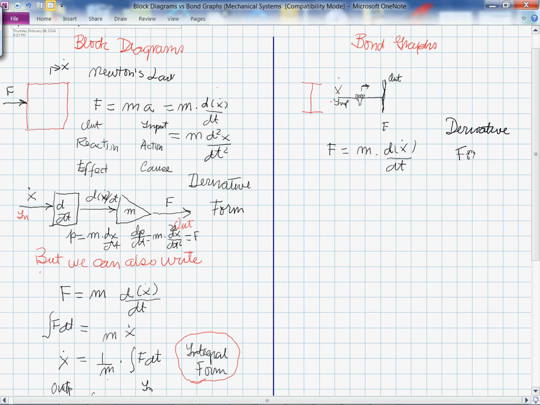Okay, and in here you will write that P is equal to M times dx dt. So dp dt is really F, yeah.